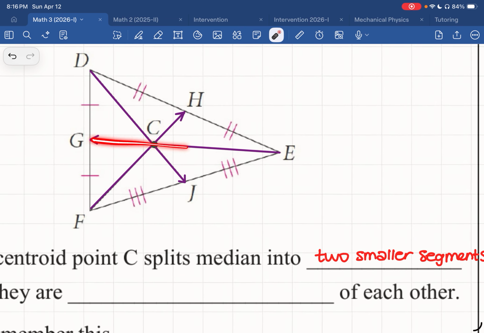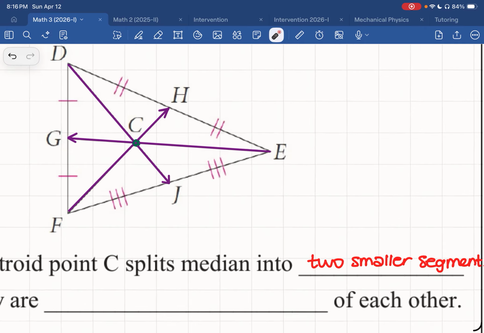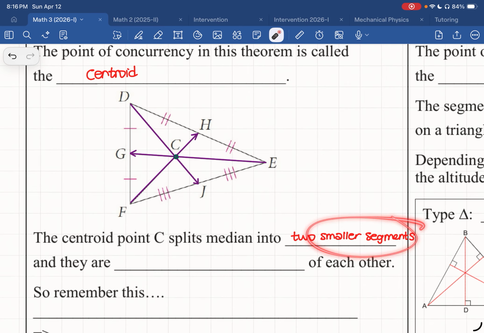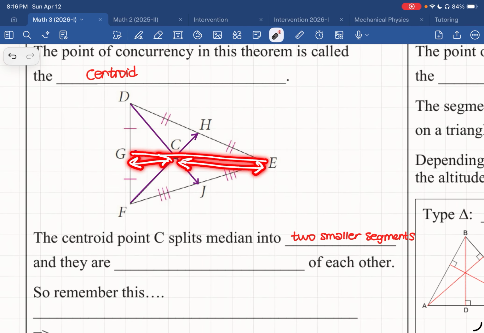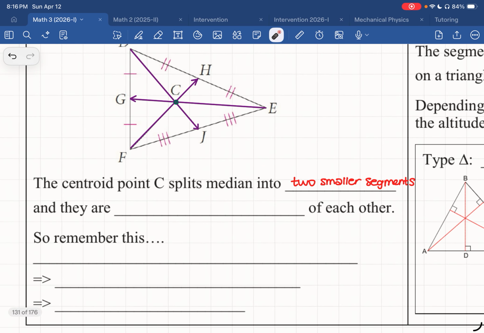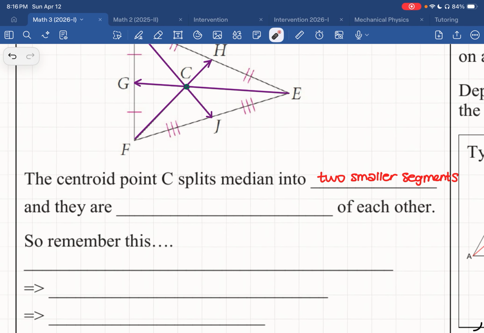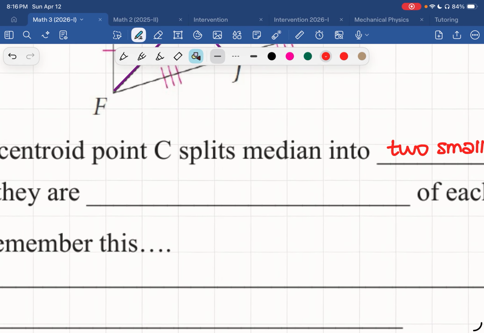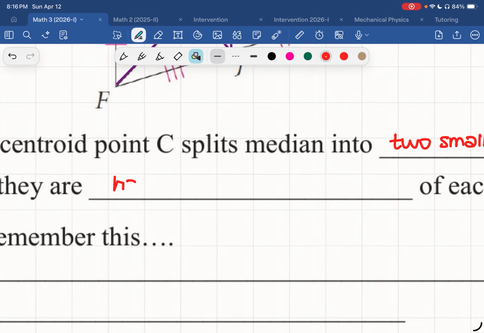And here, this one, I have the long part and the short part, right? So that's what I'm saying here. So whenever you have any of these medians, you always have two smaller parts, the long and the short. Okay, so I'm gonna say that those two parts are half length of each other.